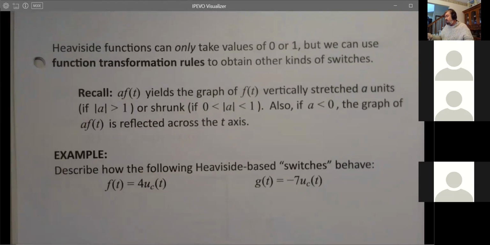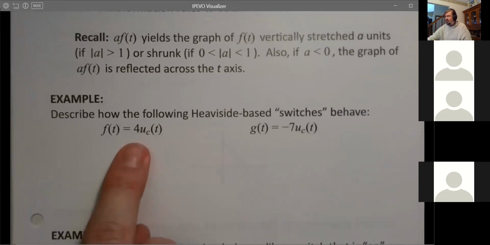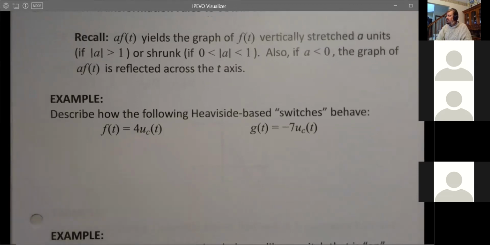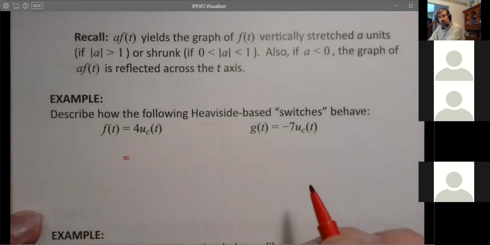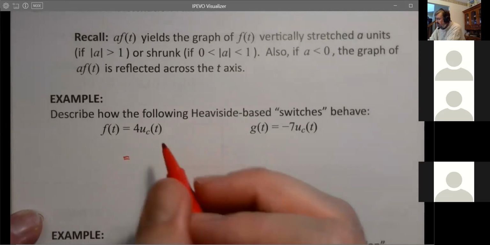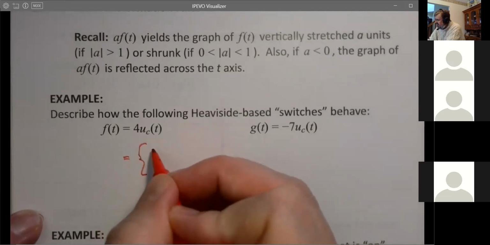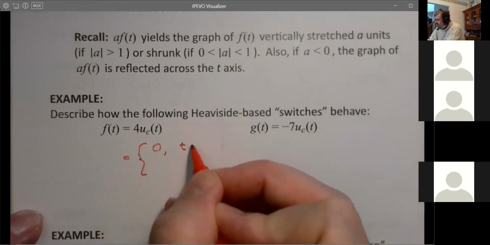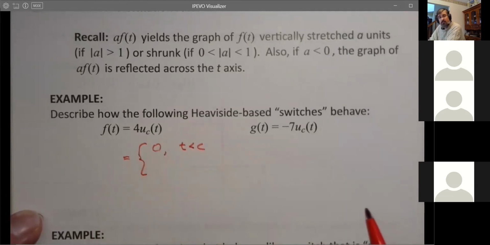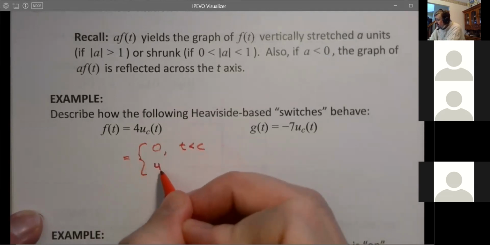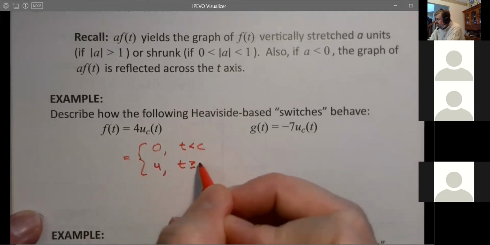So on this page that we're on here, we can think of some examples. What is this doing? If f of t is 4 times the unit step function u sub c. Just increasing the magnitude of the step, I guess. Yeah, this is just saying that it's going to behave like 0 as long as t is less than c, and it's going to behave like 4 when t is greater than or equal to c.